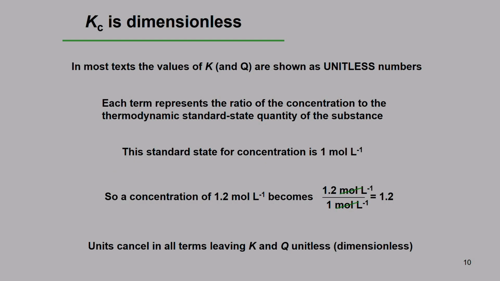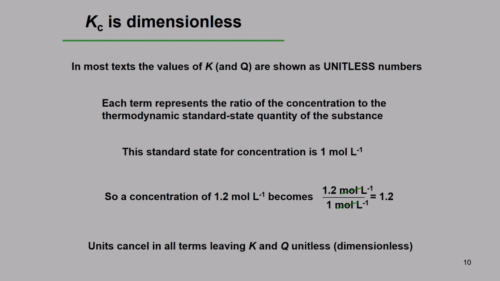K and later on Q are unitless numbers because each term in the equation represents the concentration in standard thermodynamic state. And this standard thermodynamic state is 1 mole per liter. So we ratio it against this thermodynamic state.